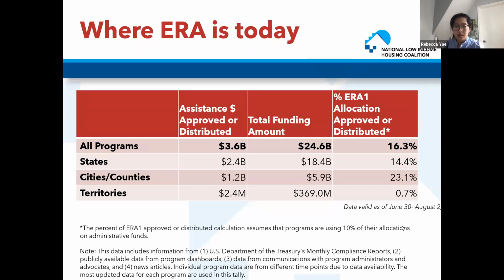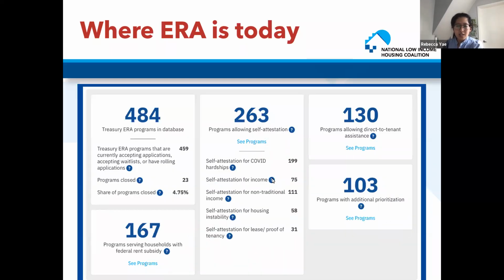So next slide, please. The NLIHC dashboard tracks key program design features based on publicly available information. Even though reducing documentation is a best practice, we're not necessarily seeing that communicated on programs' web pages or FAQs. Right now, only approximately 55% of programs explicitly state that they allow for self-attestation, and only 27% explicitly allow for direct-to-tenant assistance.